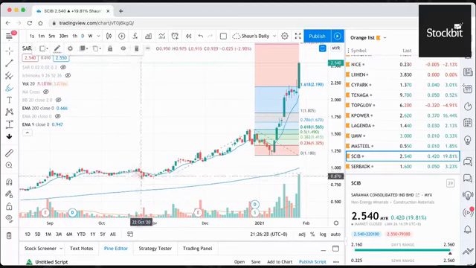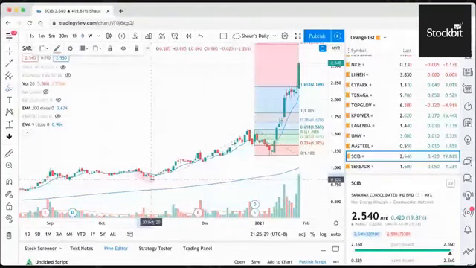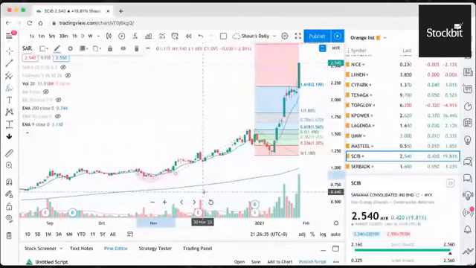We have a cup and handle pattern here, which is rarely seen, to be honest, as rare as a double or triple top. Cup and handle chart patterns are also very, very strong, and normally the trend that precedes it will be a strong bullish trend.